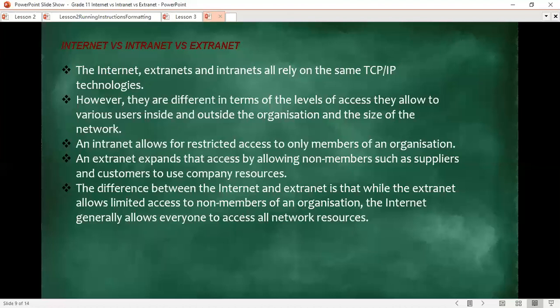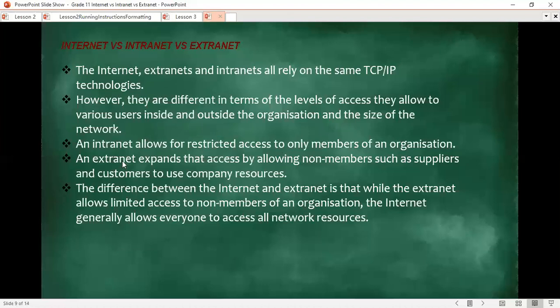Whereas a network can work for a particular organization, it can be a wide network or a local network. Okay, let me come to the next point. An intranet allows restricted access to only members of an organization. So this one will only allow members of that particular organization to access their network.